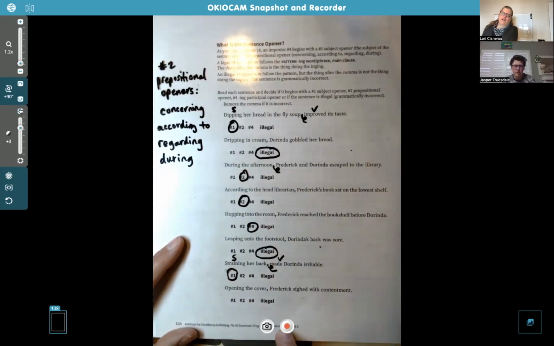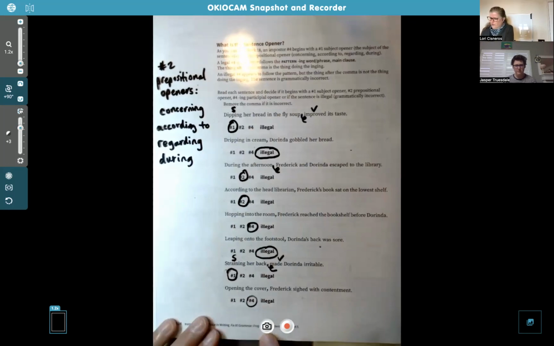And it's hard because you're also looking at these sentences out of context. So you don't know, is it a cover of a book? Is it a cover for food? But this one is a number 4 because Frederick is doing the opening. So that one's good with the comma right where it's at.